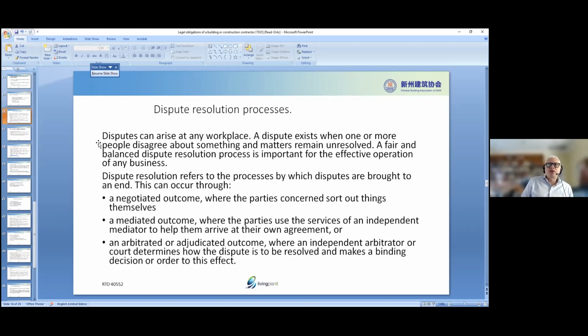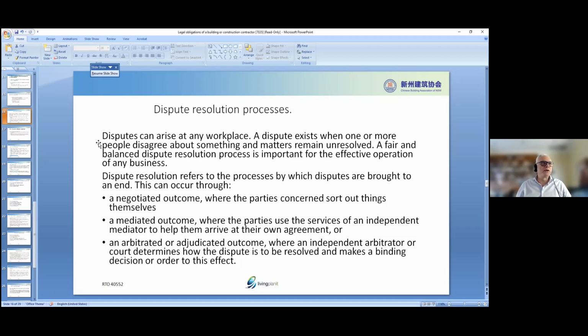Okay, dispute resolution processes. Disputes are going to happen in the workplace often. Sometimes it's between individuals who work for you. Sometimes it's between you and an employee if you're an employer. So there are processes in place to resolve this.